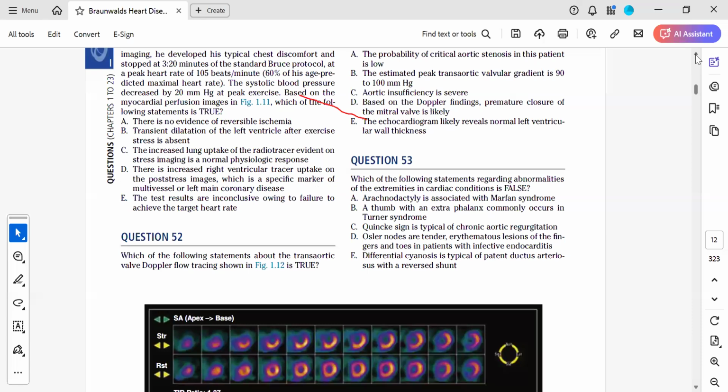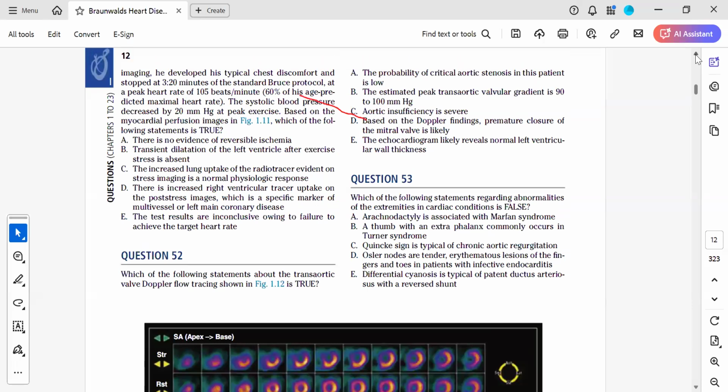Option D, based on the Doppler findings, premature closure of the mitral valve is likely.